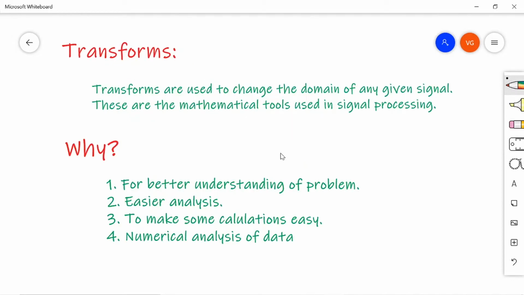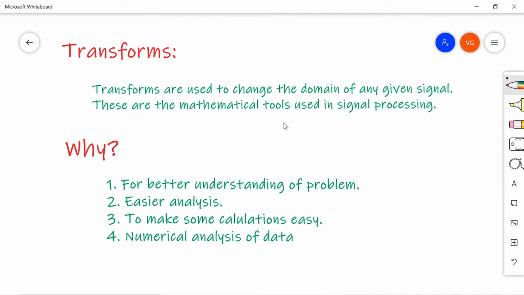Let us see what these transforms are. By this time, you might have heard many words like Fourier transform, Laplace transform, Z transform, fast Fourier transform, discrete time Fourier transform. But what does this transform mean? The transform is used to change the domain of any given signal. So it is basically a mathematical tool that is used in signal processing.